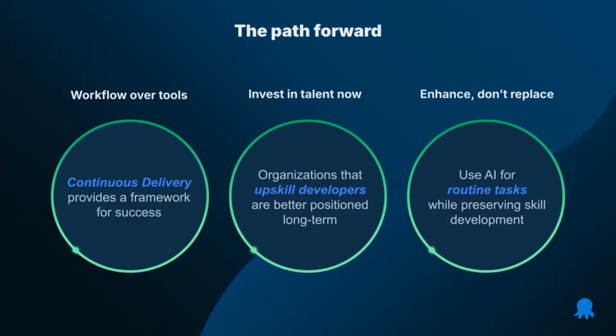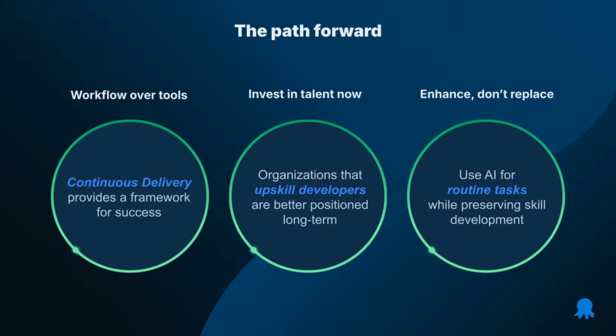The second is to invest in talent now. And I think that based on history, organizations that are upskilling developers where they can are better positioned in the long term, because they're going to be training those developers and nurturing them into senior roles, and seniors are super important. And that's why juniors are as well.